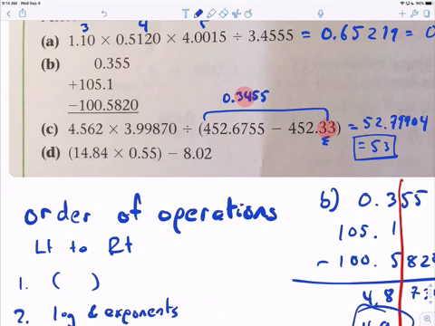This quantity here is 8.162, and then you subtract 8.02. So that means you only know the answer to the hundredths place.